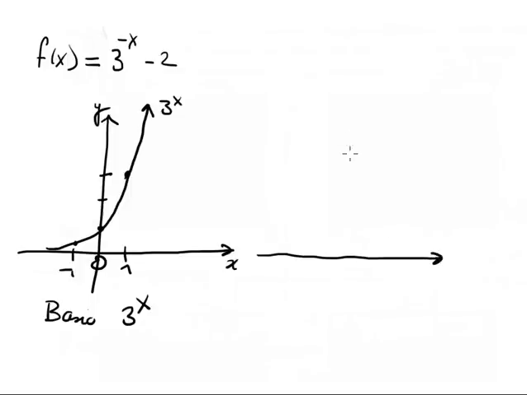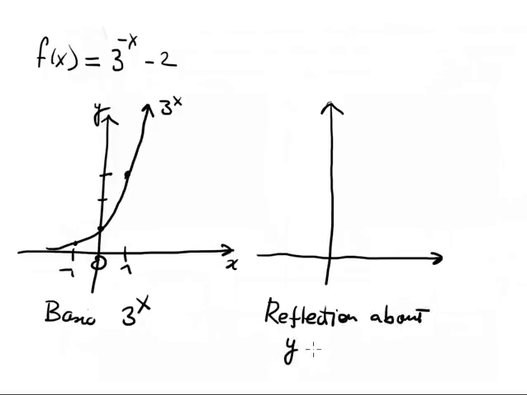Transformation number 1 is obvious, it's a reflection about the y-axis, because you change x for negative x.